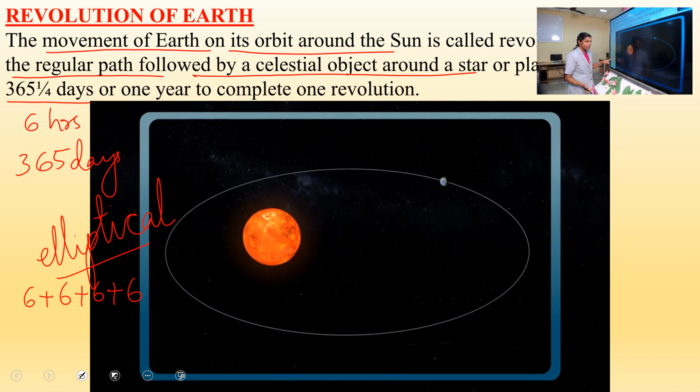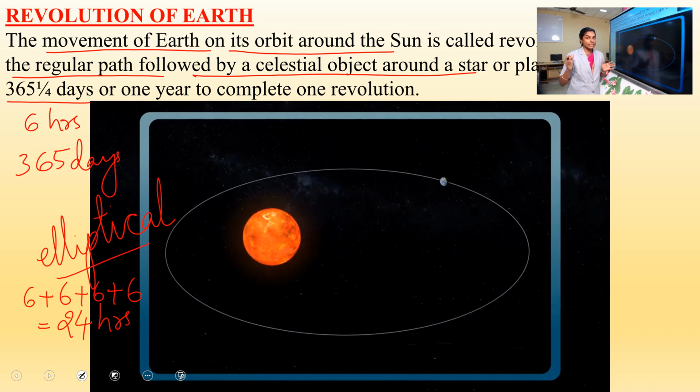See, 6 plus 6, 12 hours. 12 hours plus 6 hours will give us 18 hours. Then 18 plus 6 will give us 24 hours. That means 1 day. Okay. So this 1 day will be included in the month of February as 29th day.